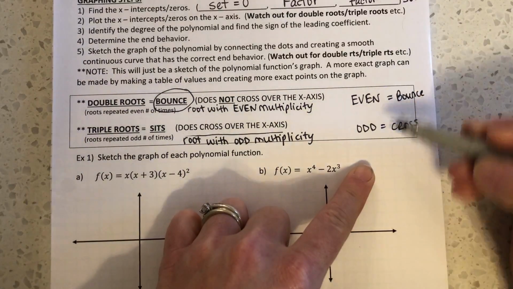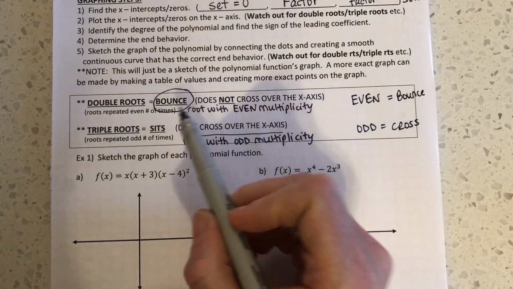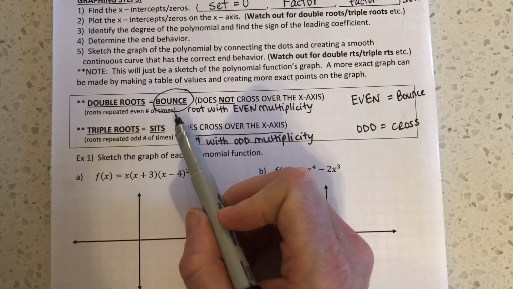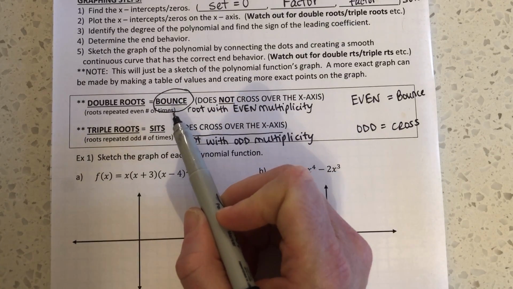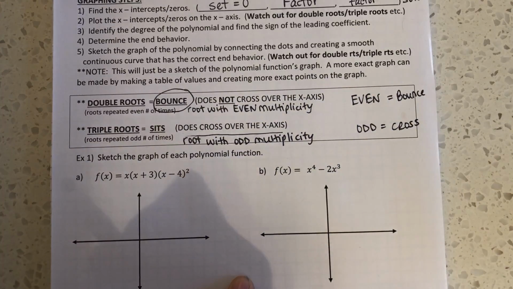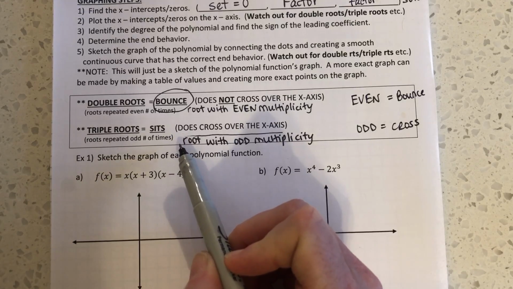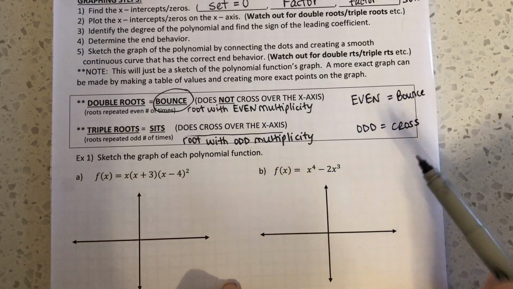But remember, when I talk about even or odd, I'm not talking about the degree. I'm talking about the number of times the root repeated. If it repeated an even number of times, the graph will bounce at that x-intercept. If the root repeated an odd number of times, it will cross over the x-axis at that x-intercept.